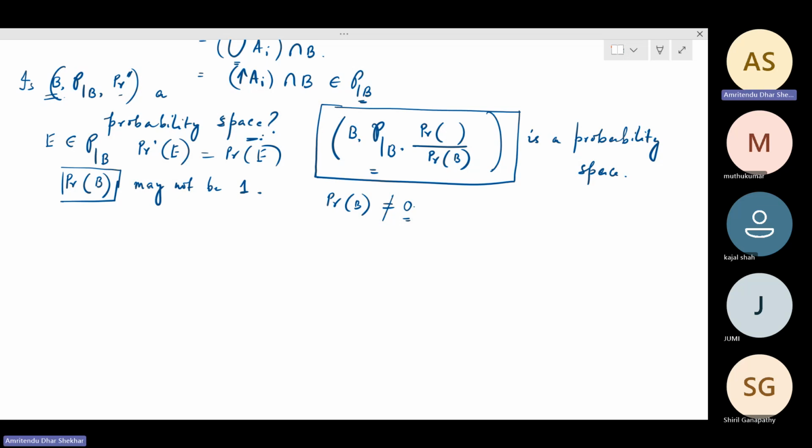Now the question is, why do we even define a probability space in this way, or how is this useful to us? Of course, the way it's useful to us is in conditional probability.